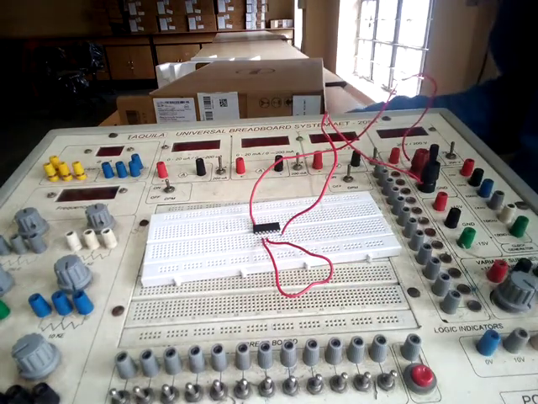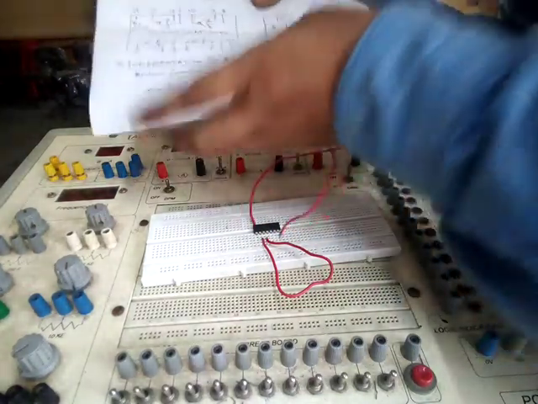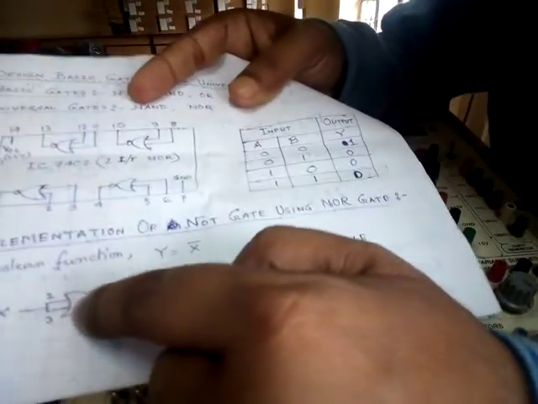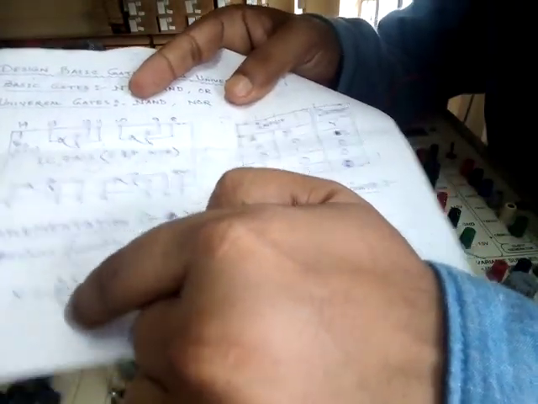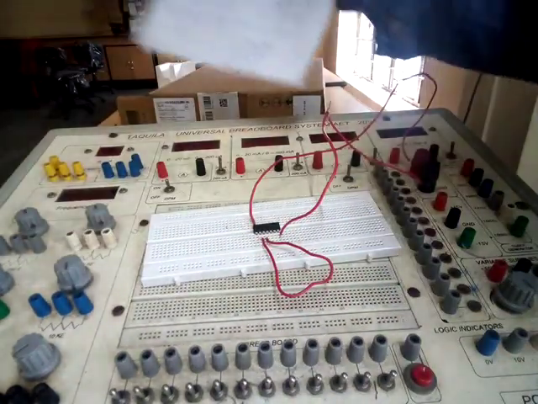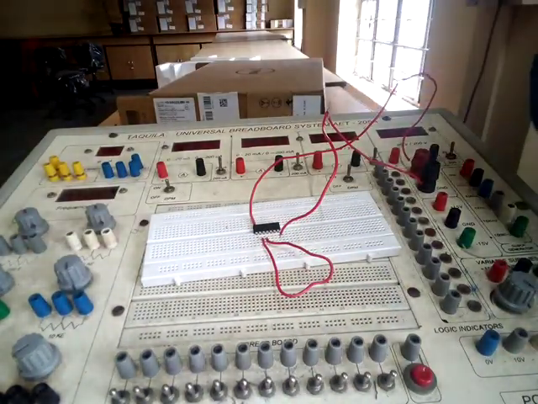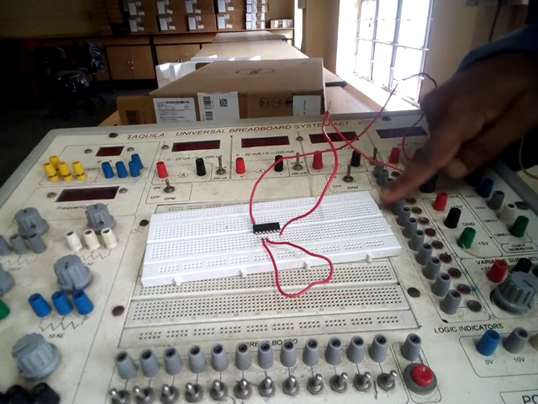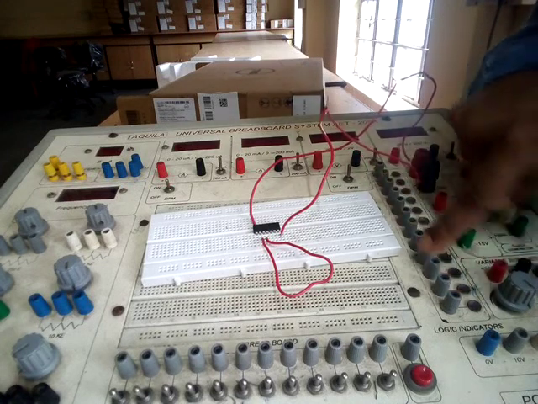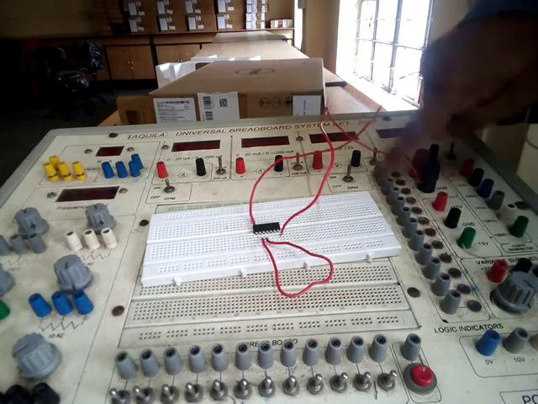Now according to this circuit, pin number 2 and 3 are shorted, and pin 1 is the output. This is the output pin. We get output from this pin.